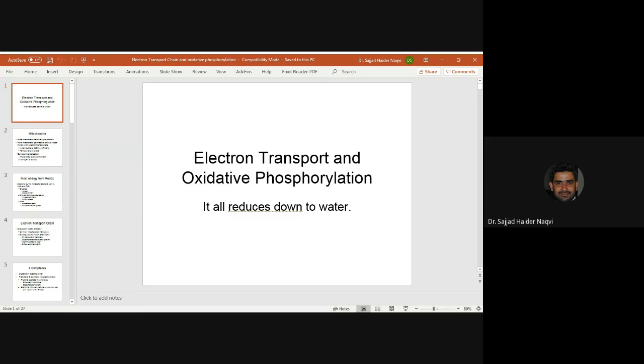So, for the first case, when we require the food for energy, how is that energy obtained from the food? The answer is respiration, the process in which we use oxygen to burn the food to get the energy out of it.